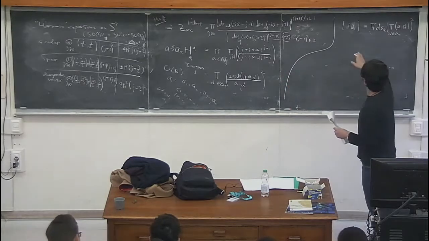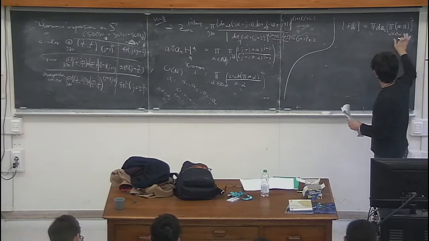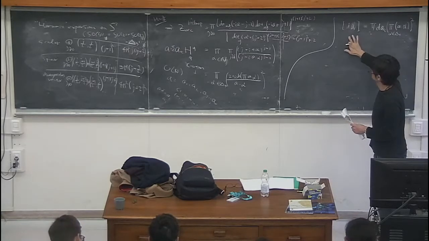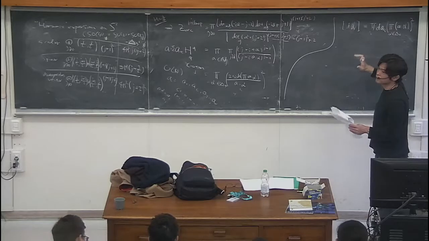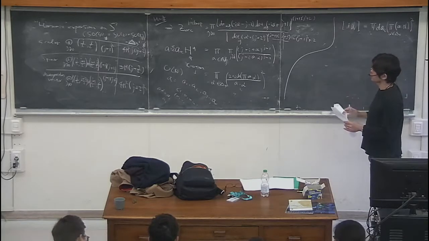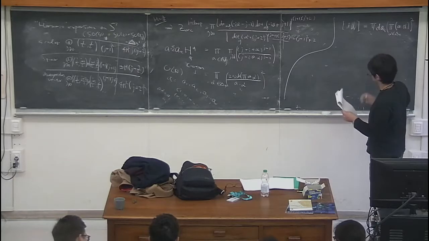Actually this is a Jacobian for the measure for the matrix, from the unitary transformation or gauge transformation or group transformation.